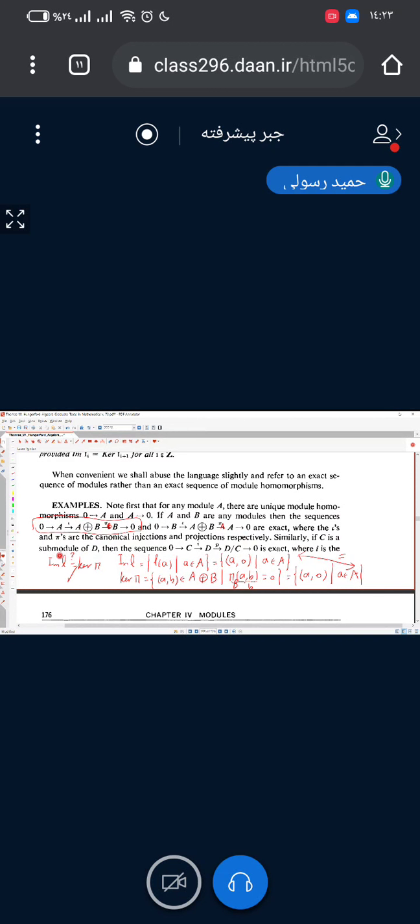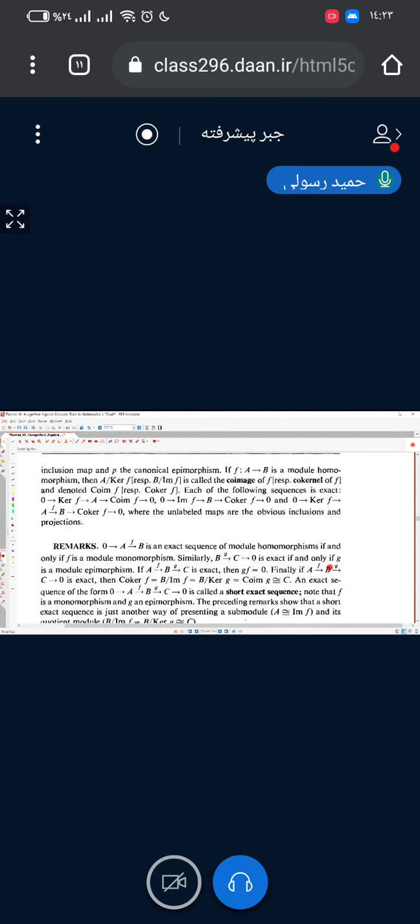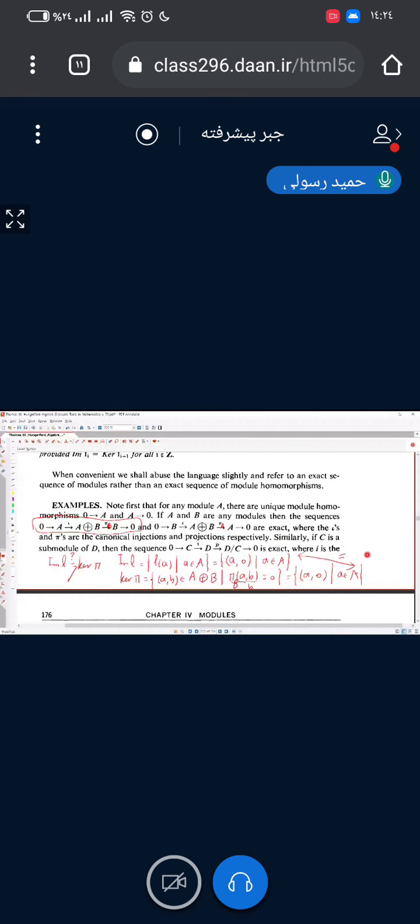Similarly, if C is a submodule of D, then the sequence 0 to C to D to D on C to 0 is exact, where I is the inclusion map and P the canonical epimorphism. It is a well-known exact sequence which is useful whenever we discuss this subject.